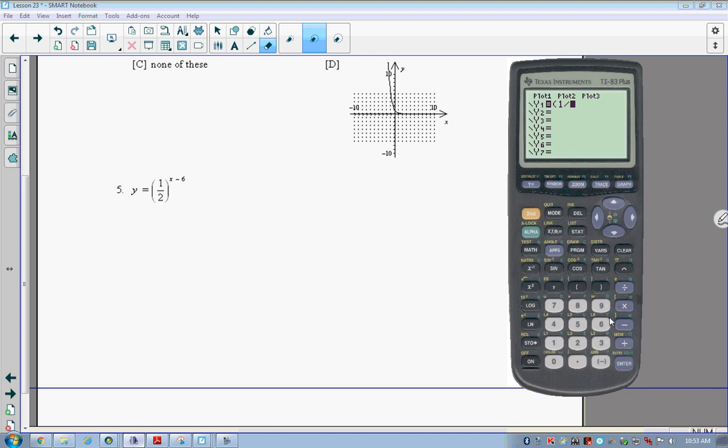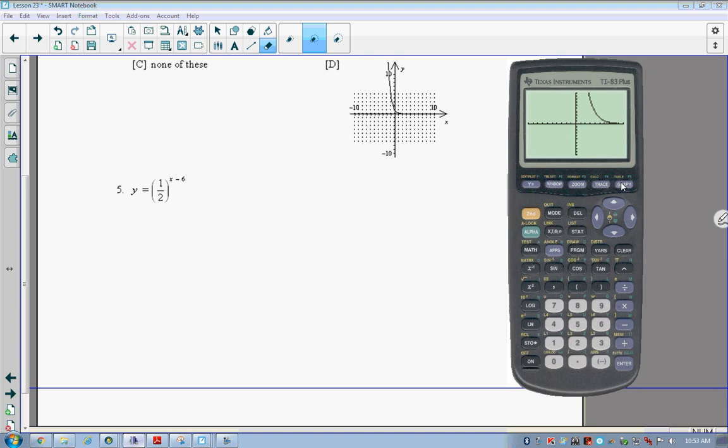So I got 1 divided by 2, caret parentheses, because the whole thing is an exponent. If I don't, I'm going to take it to the x, and then I'm going to subtract 6 from the entire function, rather than taking the entire function to the value of x minus 6. Right, so that I get this. But it'll probably still be an exponential decrease. It's just moved to the right.